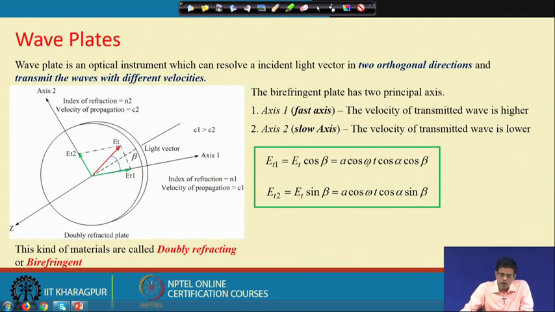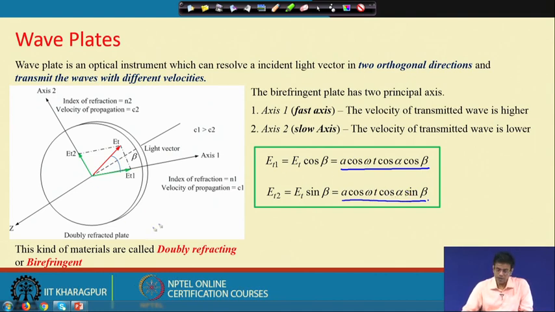So, now this can be resolved into two components, E t cos beta and E t sin beta, which with the previous expression we can write in this form. Now, this kind of material is called doubly refracting or temporary doubly refractive material, which we talked about in the previous class.